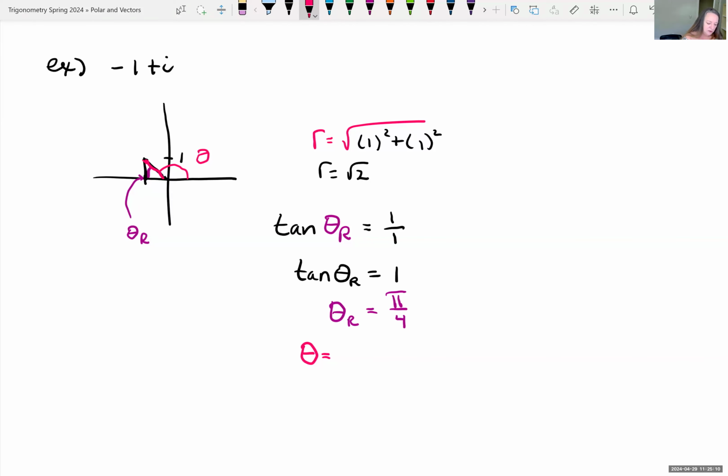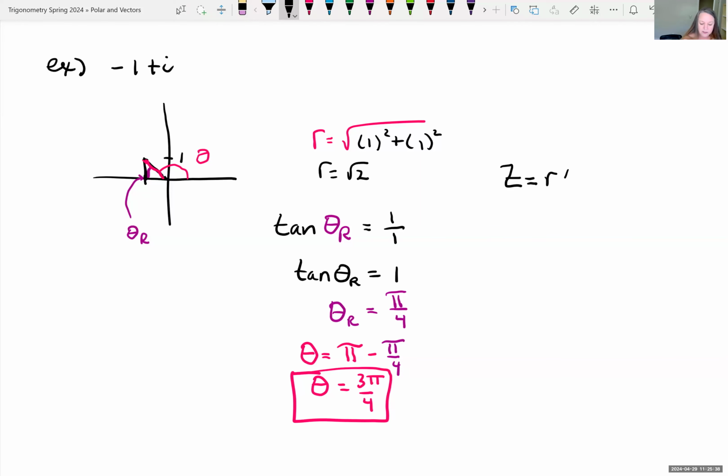And so I know theta. Well, if I went to the negative x-axis, that's pi. So I have pi minus my pi fourths. So my theta is really 4 pi fourths minus 1 pi fourth, which is 3 pi fourths. So our value of z in polar form is r all times cosine theta plus i sine theta.